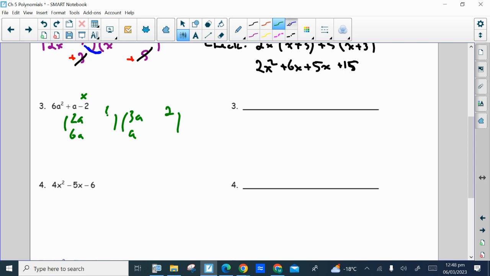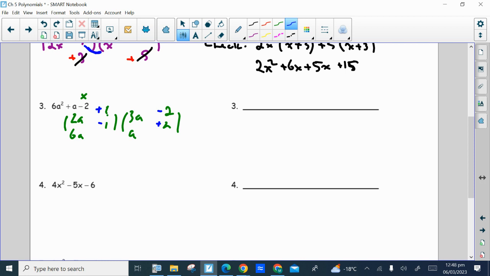However, you could have a +1 and a -2, or you could have a -1 and a +2. Those will give you a different inside term when you multiply them out by changing those signs.